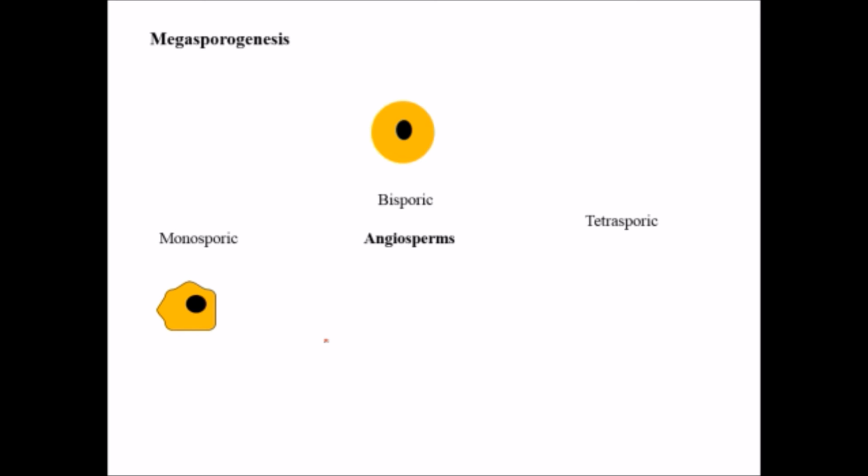And in the bisporic, only one cell plate will form, and it will lead to the formation of 2 uninucleated cells, of which one gets degraded and one will develop into the female gametophyte. But in tetrasporic, there is no formation of cell plate, and the cell will develop into a 4 nucleated cell. And after mitosis, these cells will develop into the 8 nucleate female gametophyte.